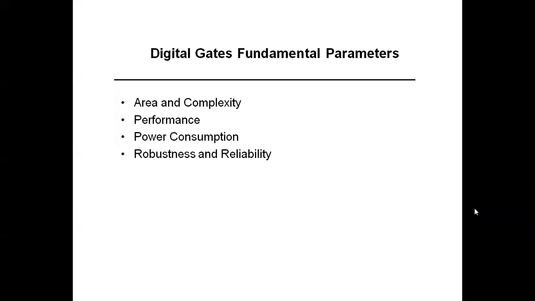Robustness and reliability can be analyzed by static analysis, that means different VI characteristics. It tells you how robust or reliable the system is. To study the performance, you should go for dynamic analysis. So remember this.